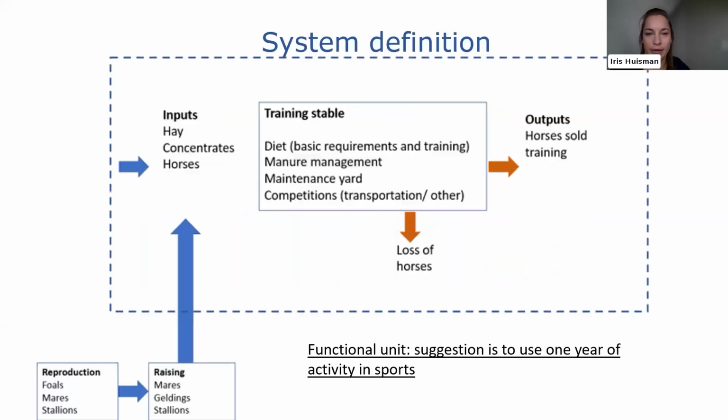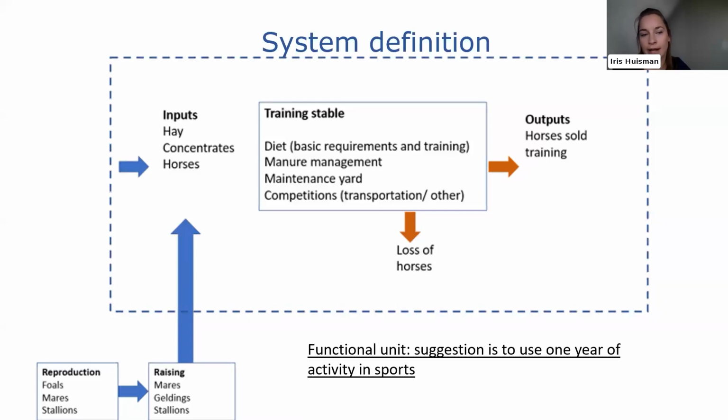If we then look at what we define as the system boundary, what you see in the middle is the training stable, where you see different aspects that play a role, so the diet and manure management. And what you see at the bottom left is that we saw reproduction and rearing as an input for the training stable.